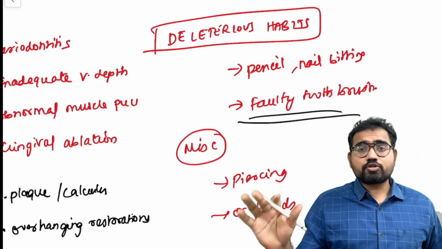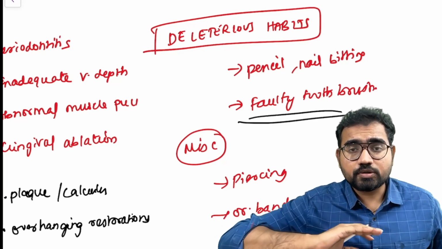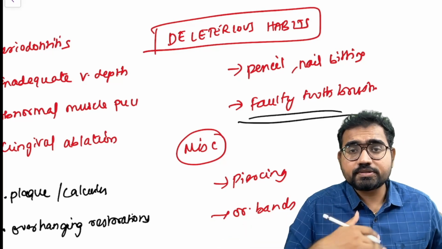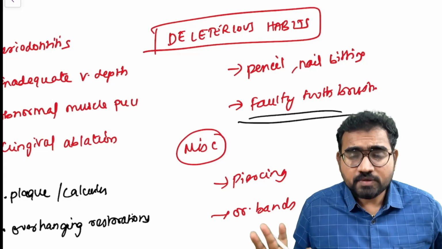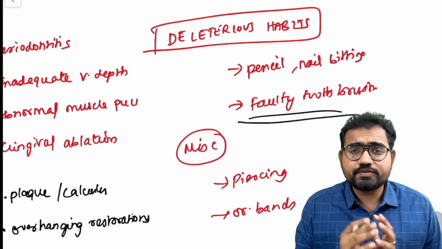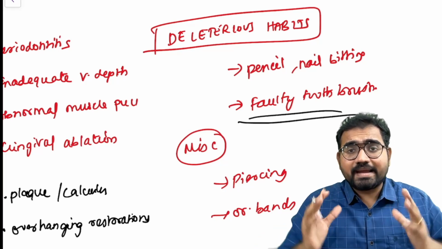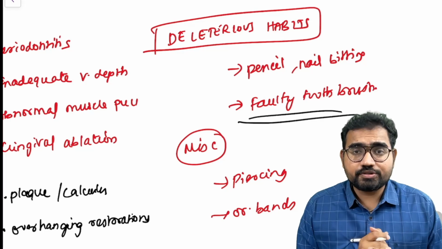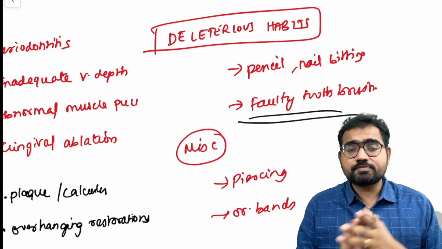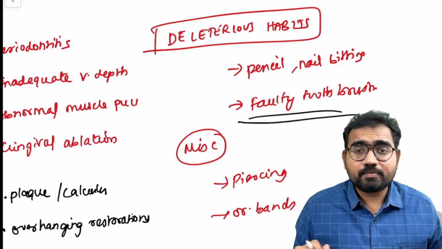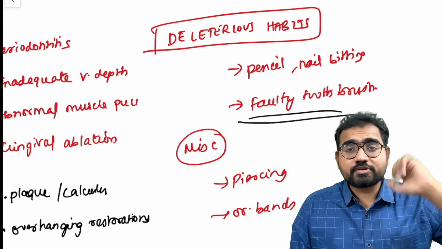So we have talked about age, anatomical and developmental factors, pathological factors, local factors, deleterious habits, and miscellaneous. These are the etiologies of gingival recession, which are very important for you to get an idea of how to treat a patient with gingival recession. Just because a patient comes with gingival recession, you cannot directly tell them you have to do a laterally positioned flap, free gingival graft or connective tissue graft.